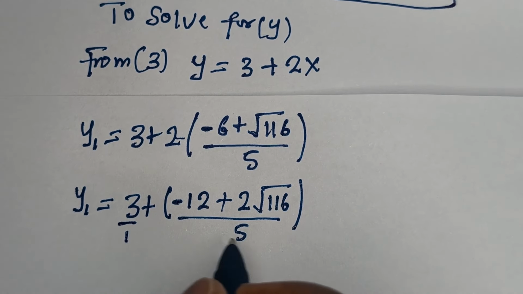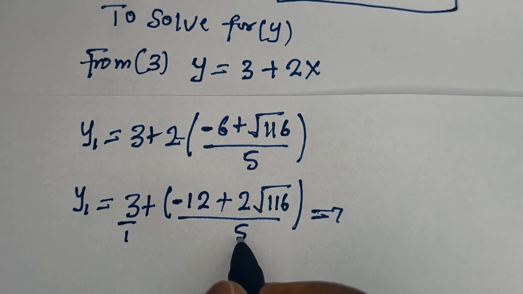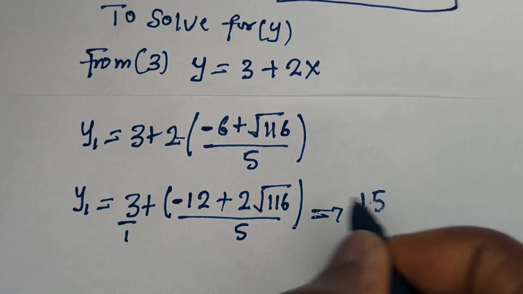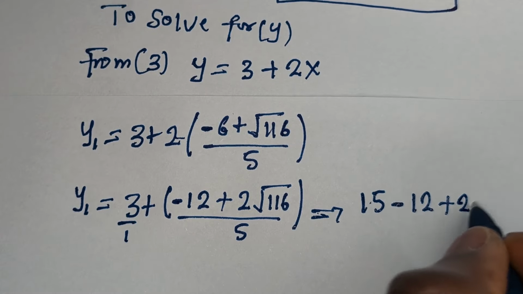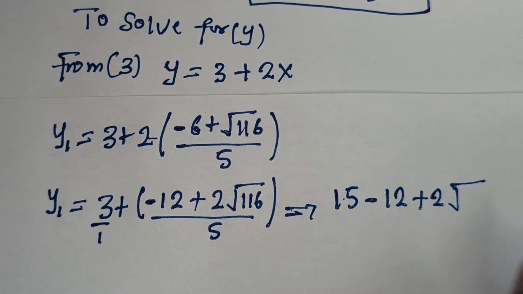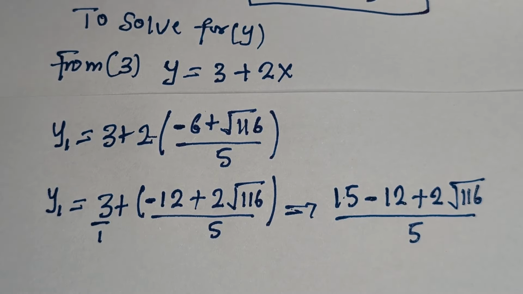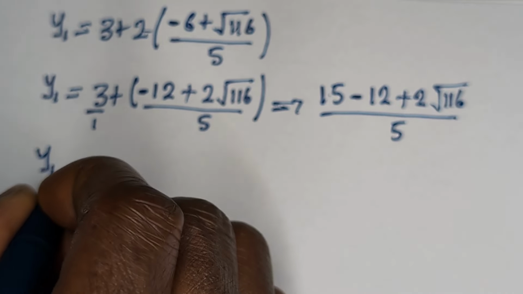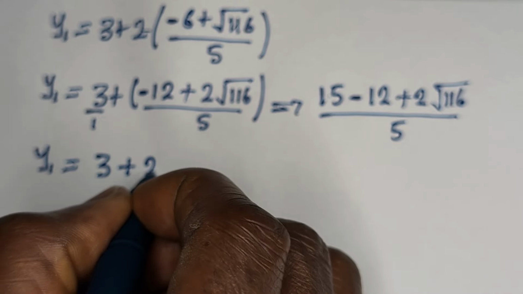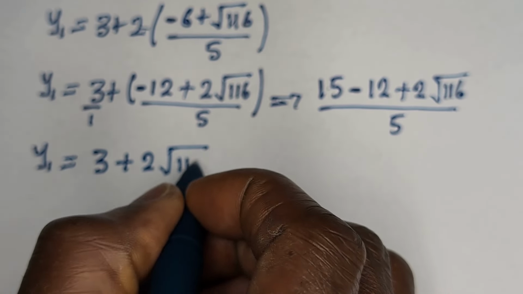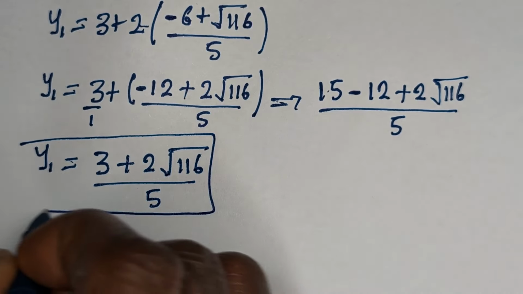Here, this is over 1. The LCM is 5. 5 times 3, 15. Then this is minus 12 plus 2 square root of 116, then everything over 5. y1 is equal to 15 minus 12, that is 3, plus 2 square root of 116 over 5. This is the value of y1.